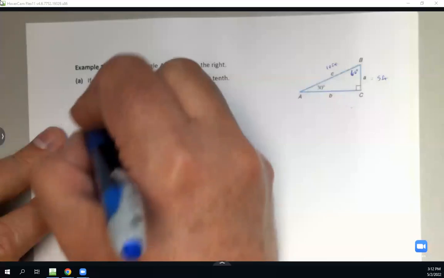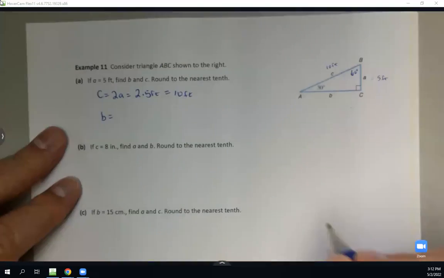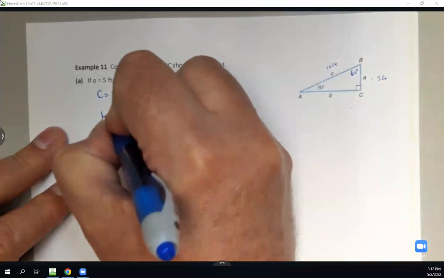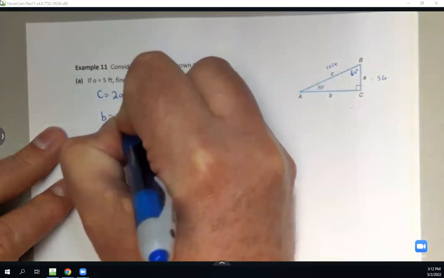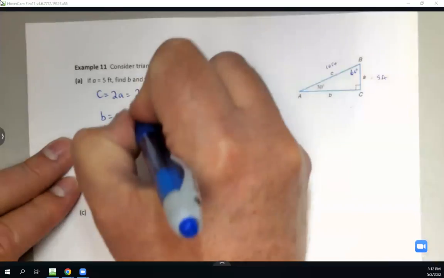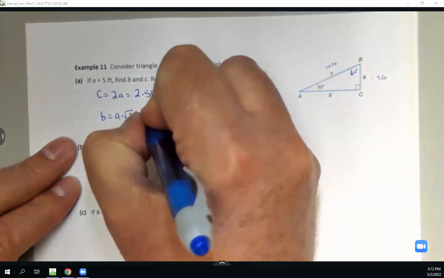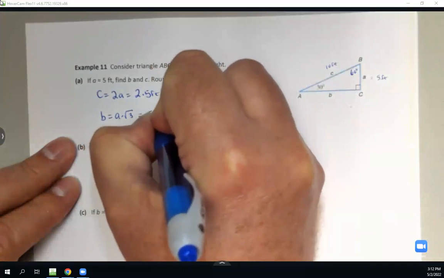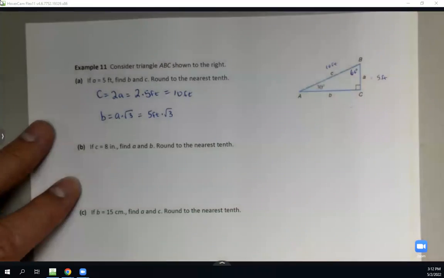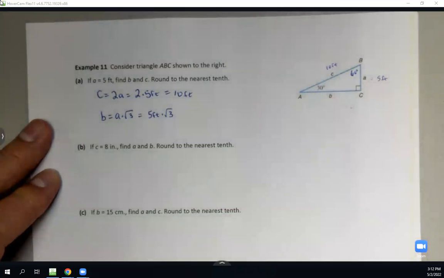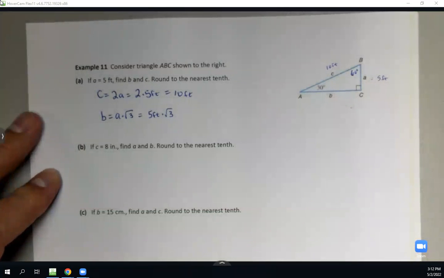To find B, B is going to equal A times the square root of 3. So in this case, that's going to be 5 feet times the square root of 3. Does that make sense?